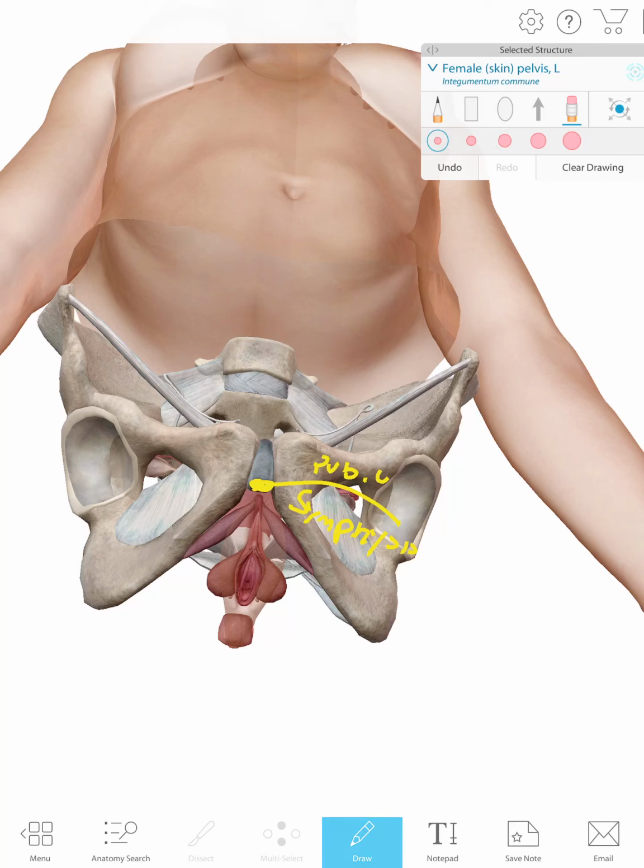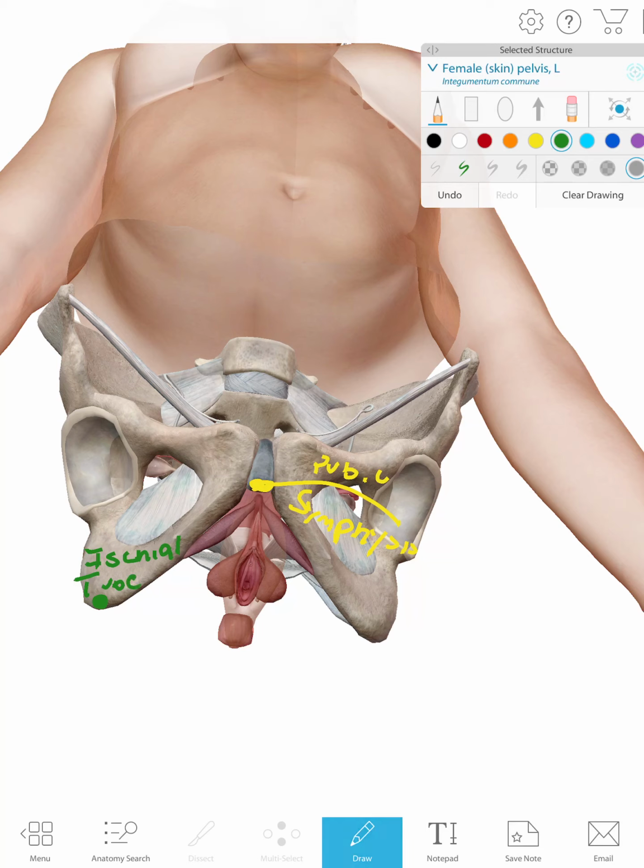Right over here on this dot is the ischial tuberosity. Right, and you have another ischial tuberosity right over here.